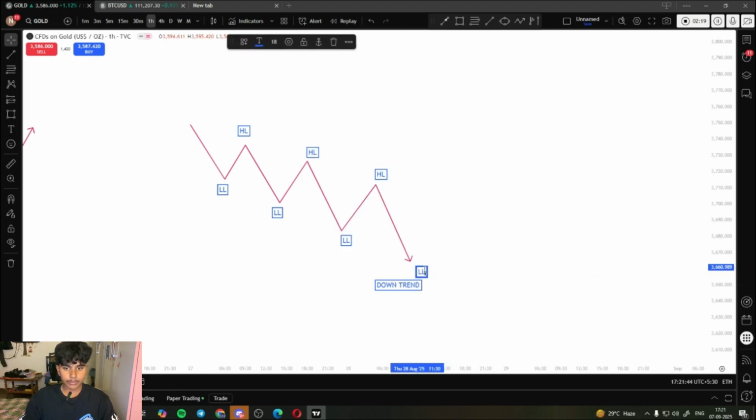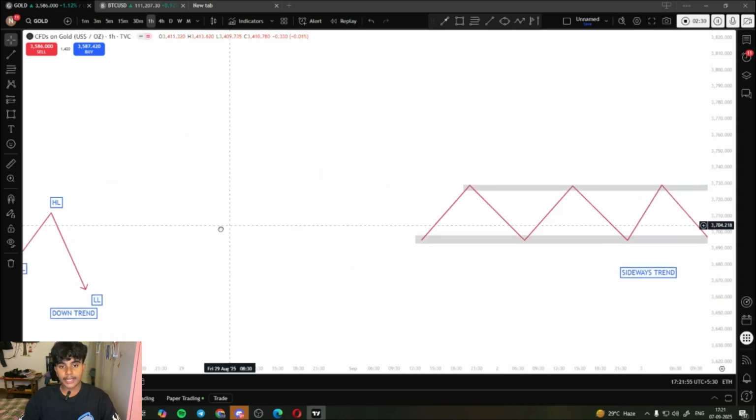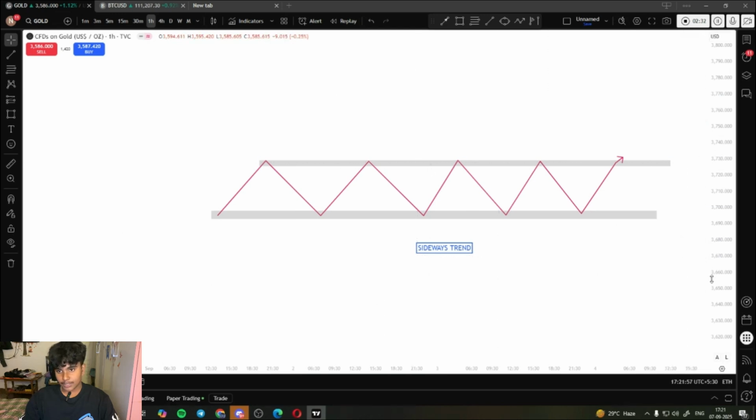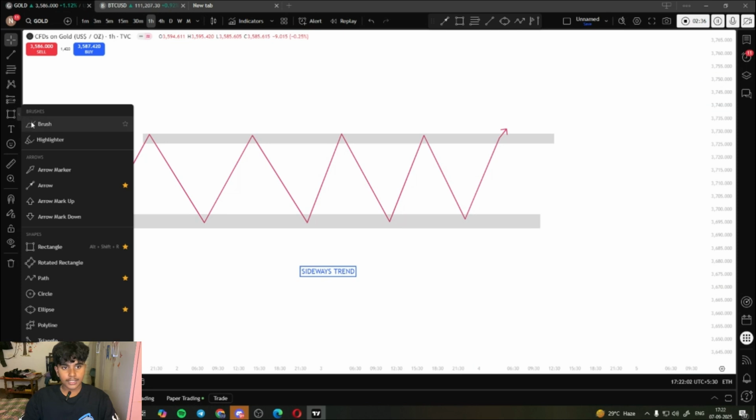A downtrend is just forming lower highs, lower lows, lower highs, lower lows. This is a downtrend.